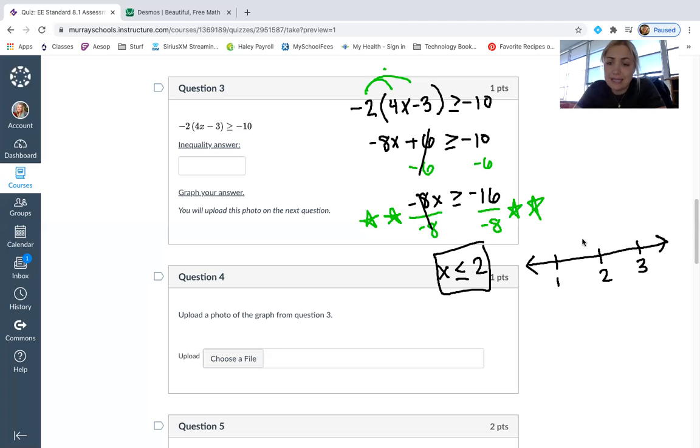And that's an equal symbol, less than or equal, so I fill in that circle because it does actually equal 2. But the less than side would be shading toward, oh boy, that is really bad shading, but you would shade toward the left. All right, that would be questions 3 and 4.